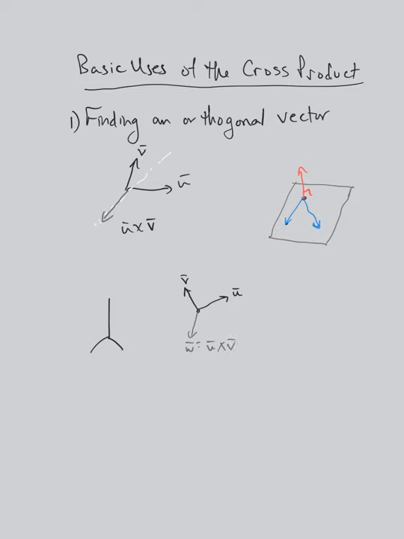If you want to see that, remember that the length of u cross v is the length of u times the length of v times the sine of theta. Okay, well, if these started out as length 1, you're going to have 1 times 1, like that. And if they're also orthogonal, you're going to have the sine of 90 degrees, which is also equal to 1. So that length would be 1, like that.